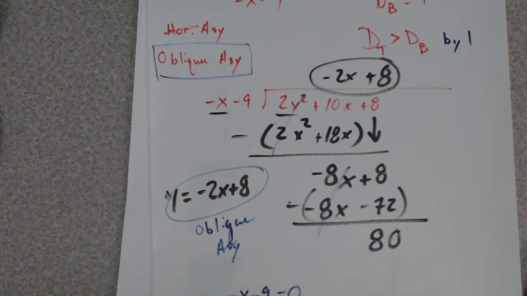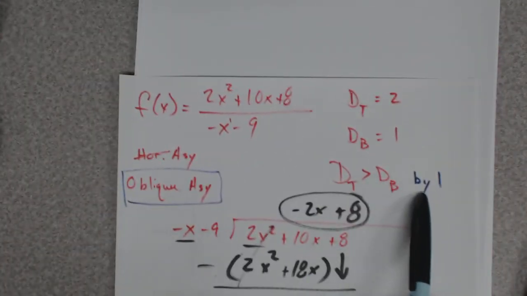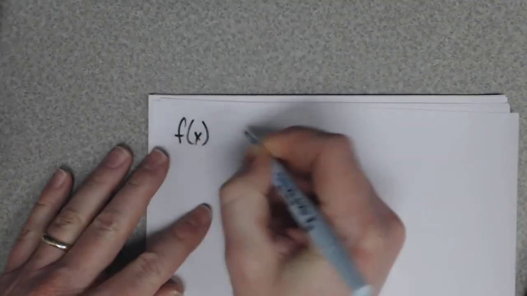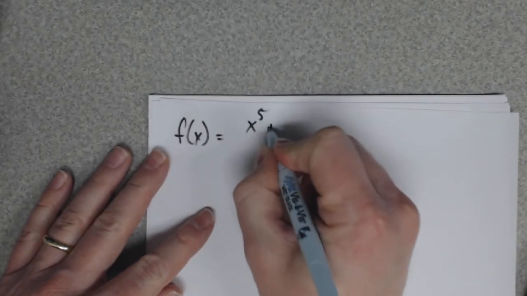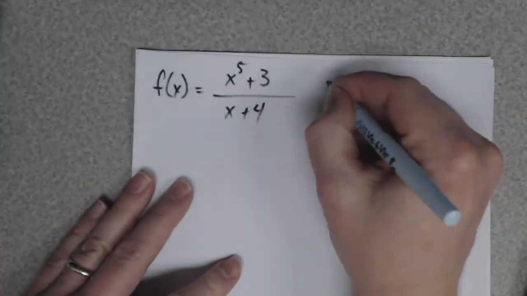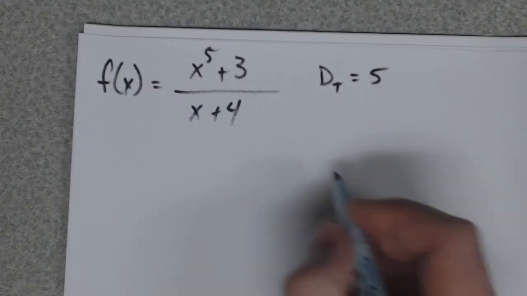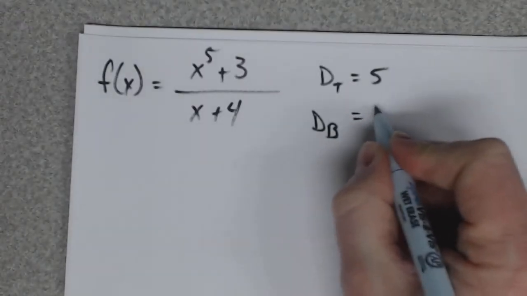Okay, it leaves us one other scenario. What if the degree of the top is bigger than the bottom, but by more than just 1? So for instance, I'll give you another function here. The degree of the top here is 5, and the degree of the bottom is 1.